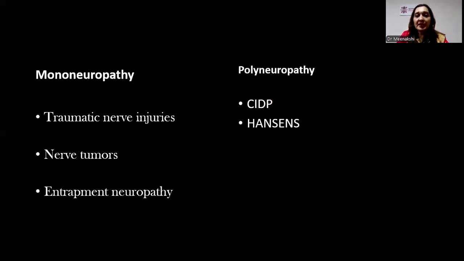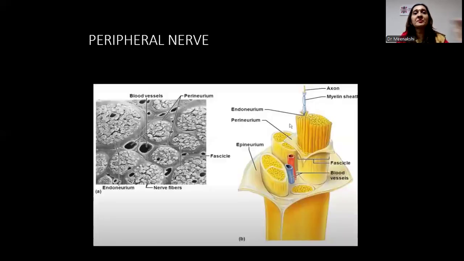Mononeuropathy is very important: traumatic nerve injuries, to see if there's any neuroma or any transection of nerves, and it also helps you to prognosticate and decide what intervention needs to be done for these patients. Neural tumors are very beautifully visualized. Entrapment neuropathies, of course, it has a very big role. Polyneuropathies, we have a role in CIDP, and ultrasound has some very characteristic features of Hansen's.